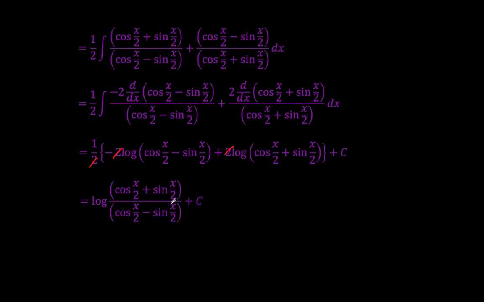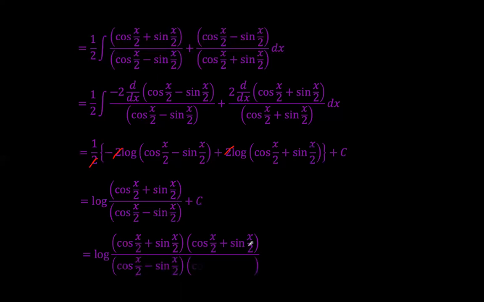Next, I would like to multiply both the numerator and denominator by cosine x over 2 plus sine x over 2. When you do that, you're just multiplying by the same thing, so it still gives you the same value.